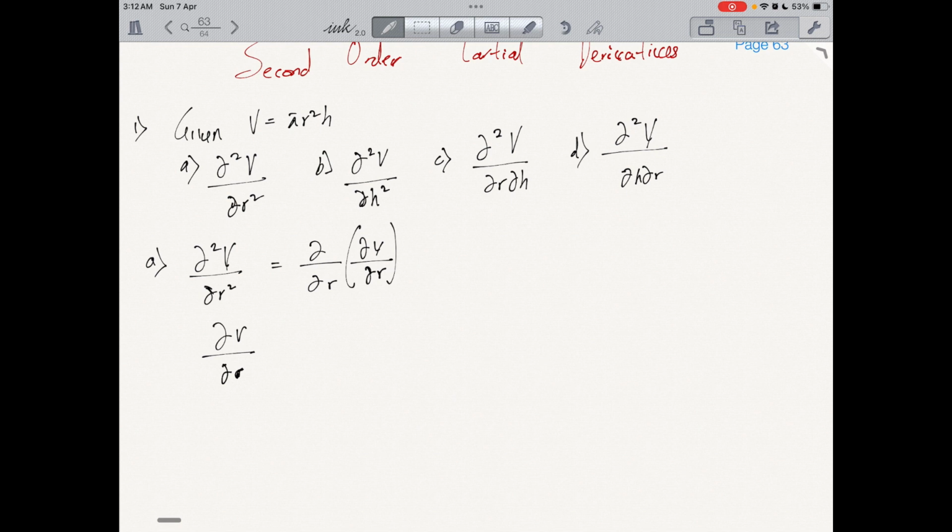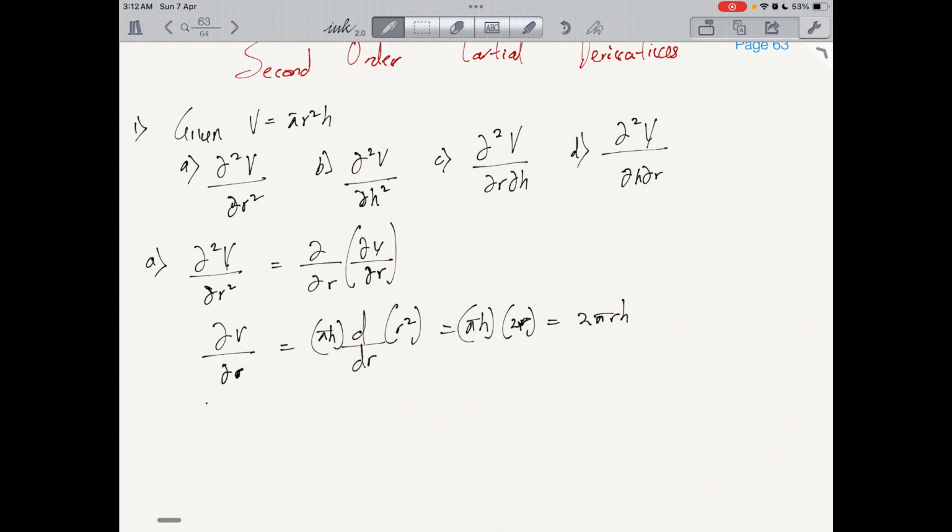That dV dr will be pi h as a constant, and differentiating with respect to r of r squared, and this will give us pi h multiplied by 2r, and this will be 2 pi rh.